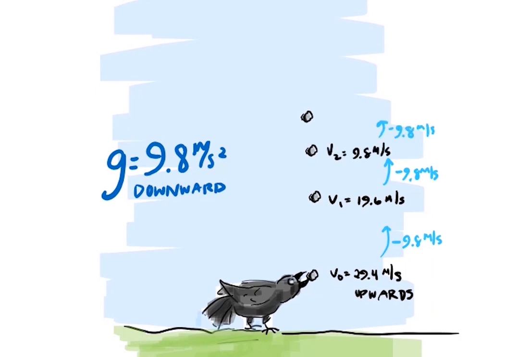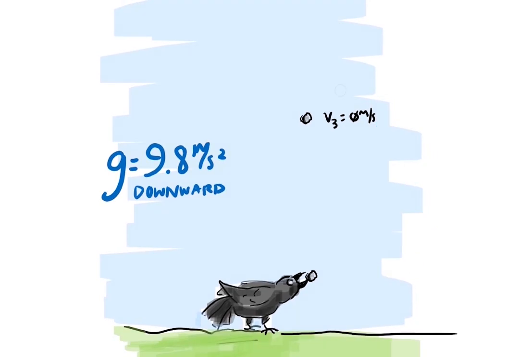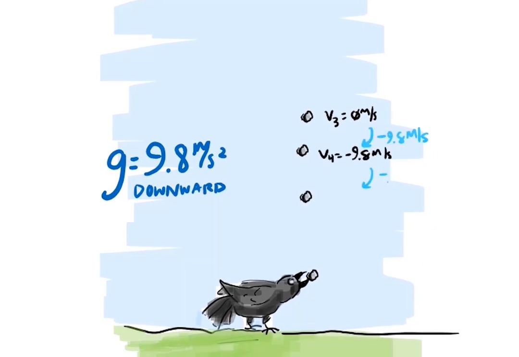And 3 seconds later, it will reach 0 meters per second. Yes, eventually an object falling up would reach a speed of 0 meters per second, and for a moment it would be still, before changing direction and once again fall back down.